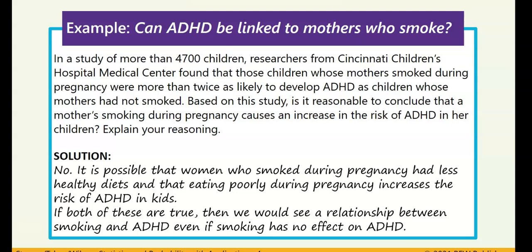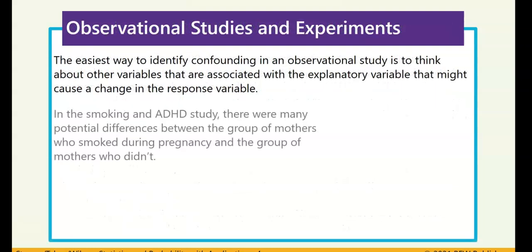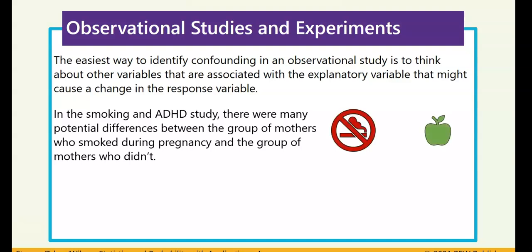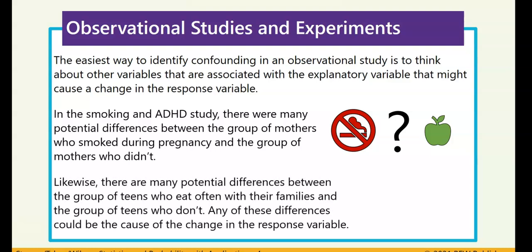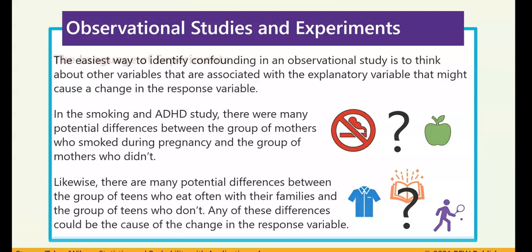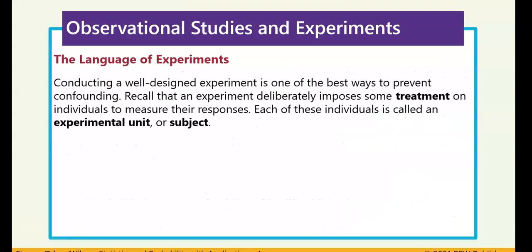Is it poor eating habits, or is it smoking, or many other potential variables? There were too many potential differences between groups of mothers who smoked. So we want to take away some of those differences. We want to design an experiment in such a way that we can handle that.